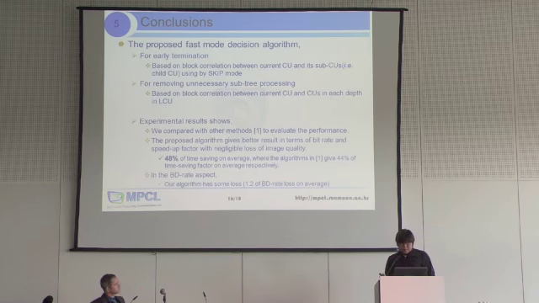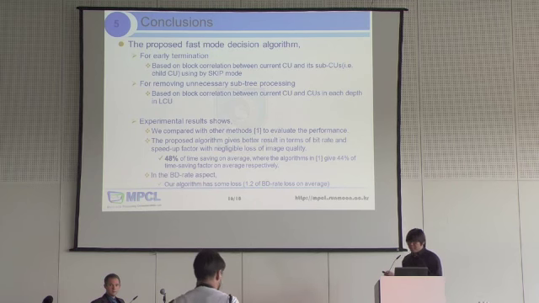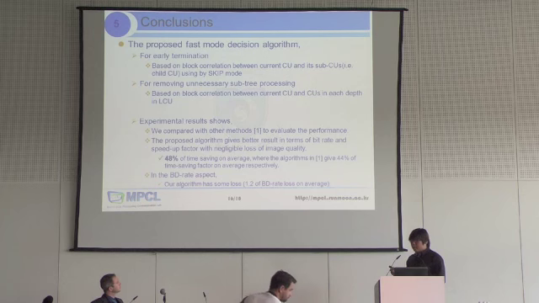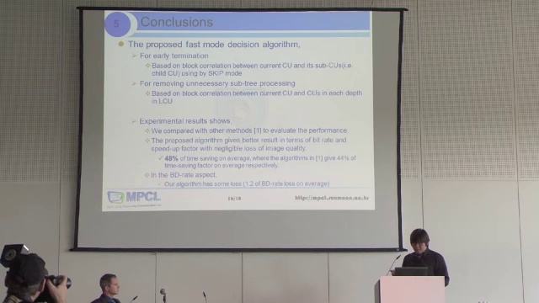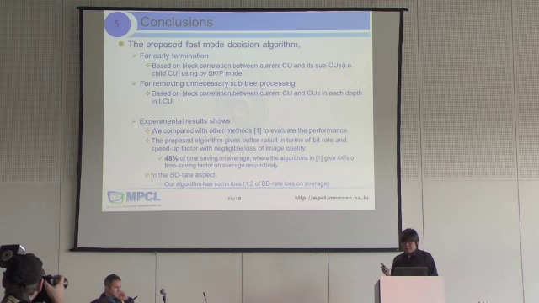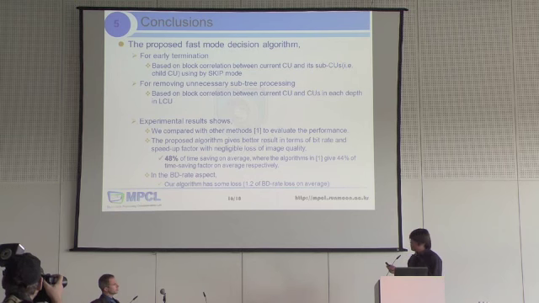For early termination, we use the skip mode, and to remove unnecessary sub-tree processing, we design the DRSM using skip mode. In the experimental results, we compared with another algorithm, ECU, to evaluate performance, and our algorithm achieves 48% time saving on average.